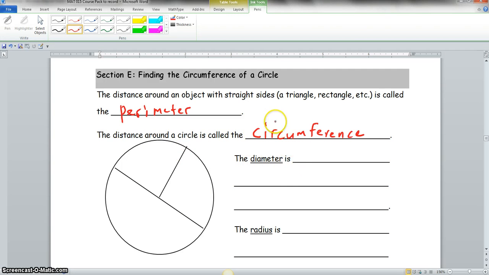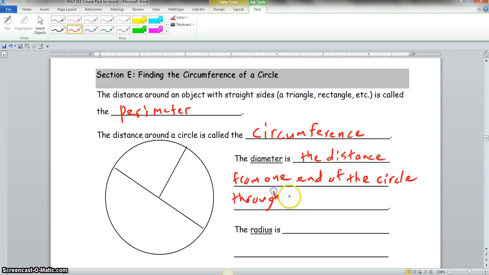Okay, now the diameter is the distance from one end of the circle through the center of the circle to the other end of the circle.